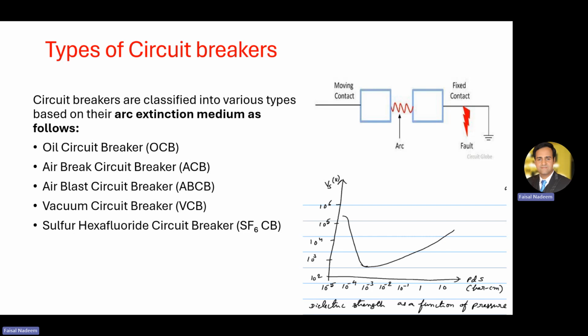However, in practical circuit breakers, it is very difficult to achieve this much low atmospheric pressure. So usually the pressures are more than 10 raised to power minus 1 bars. So we have to keep an eye on this line from here to here, and it is clearly indicating that with the increase in pressure, the dielectric strength of the medium also increases.